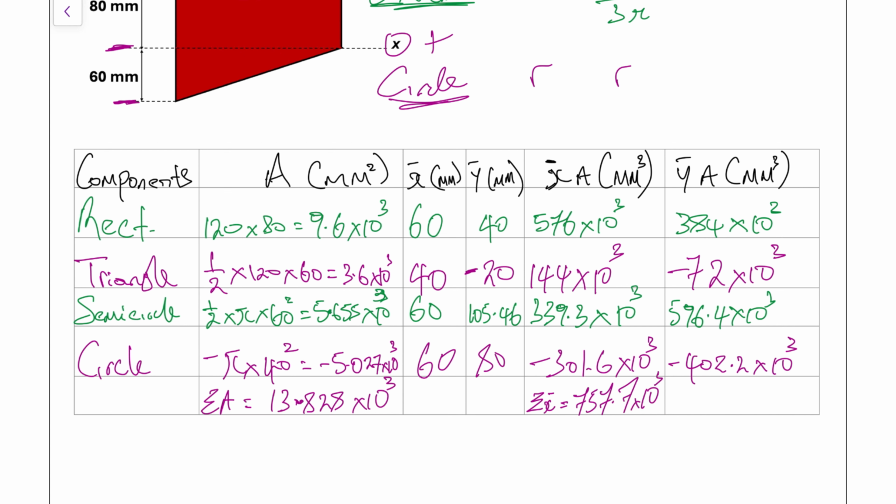And finally, we need to sum our y bar, and that gives us 506.2 times 10 to the 3. But we're not quite there yet. What we have so far, we have the sum of our x bar, the sum of our y bar, and the sum of our area. So let's see what we need to do with them to get our coordinate.